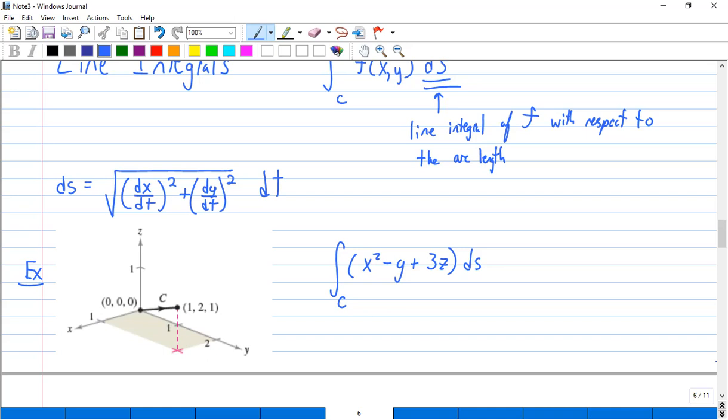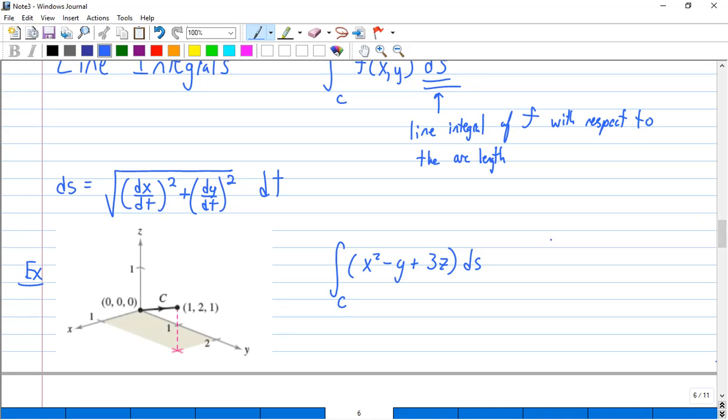Okay. Now the way we do this, we start by writing the parametric form of the equation of the line segment, just like we did before. We only have one piece here, though.